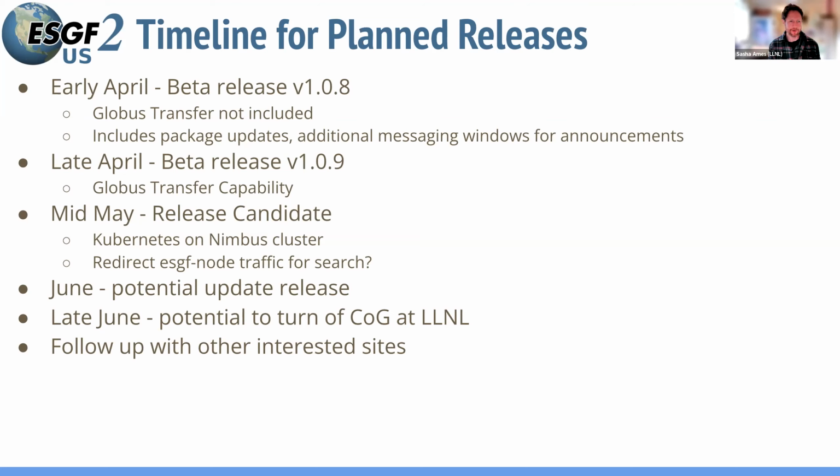There are reasons for that, but we plan to document well what the changes are. It's going to be disruptive, but we don't want it to be too disruptive. We want to follow up with other sites that are interested in deploying as well.